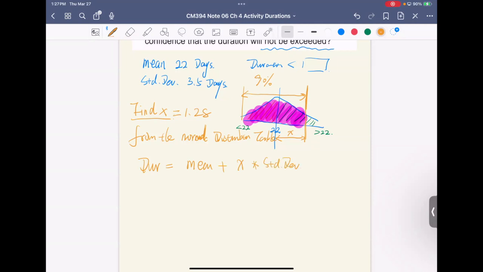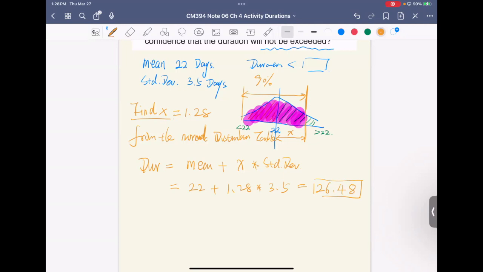Is that correct? And then you get 22 plus 1.28 times what? 3.5. Does that make sense? Then you get your duration is equal to how many days? Give me a number. 26.48.